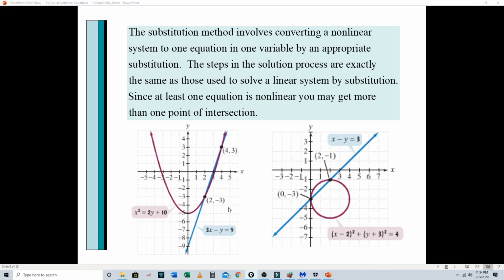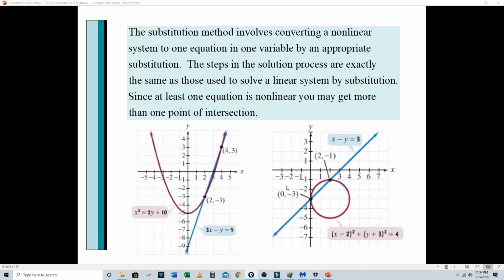If we have a line and a parabola, 2 solutions, or 1 if it just intersects at one place. A line and a circle, again, 2 solutions, or 1 if it intersects at one place. But if we had a parabola and a circle, then we could have 1, 2, 3, or 4 solutions. So be ready for that.